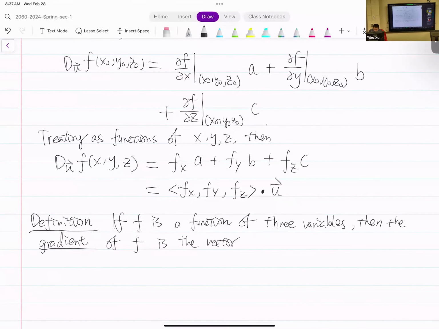So we said it consists of all the first order partial derivatives, right? But now the notation of this is an upside down triangle, which is called nabla of f, nabla f. Let me just write it down right here, nabla.